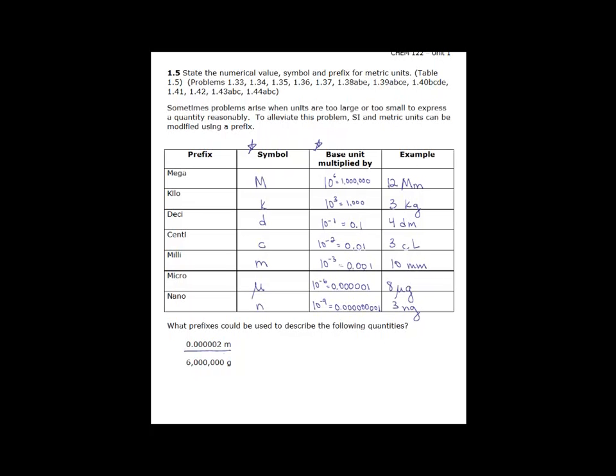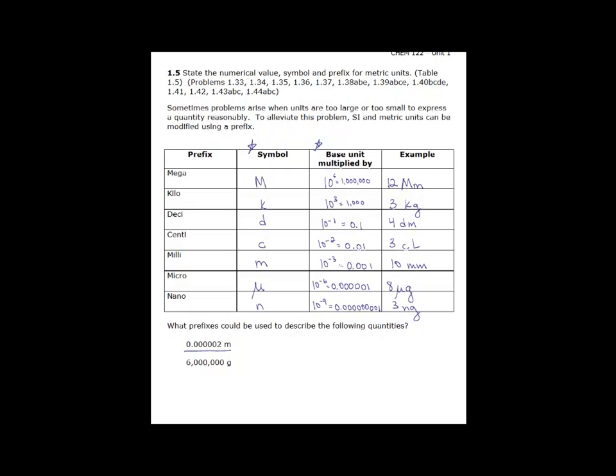So what we want to try and do is figure out which prefix could best be used to represent this number. So since it's a small number, we're going to look to the prefixes deci, centi, milli, micro, and nano. So we want to try and find a prefix that has roughly the same number of zeros as this number.